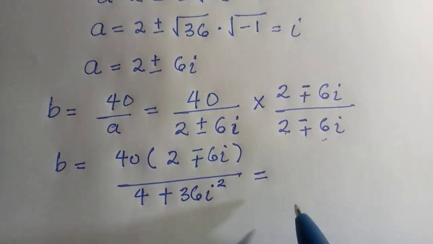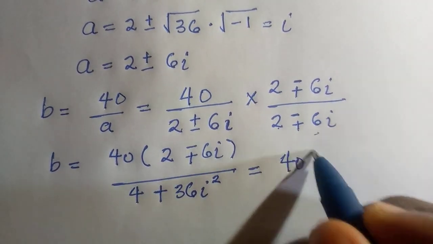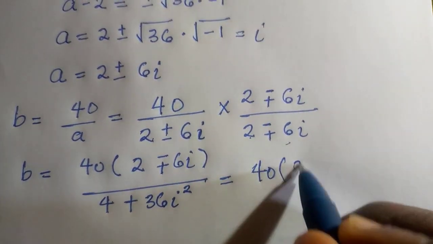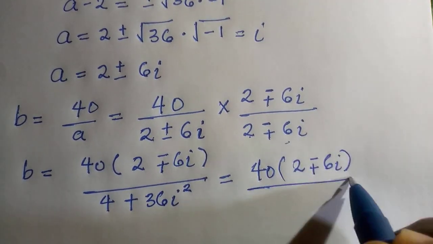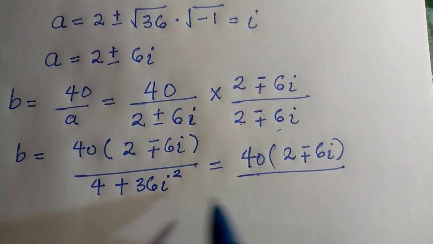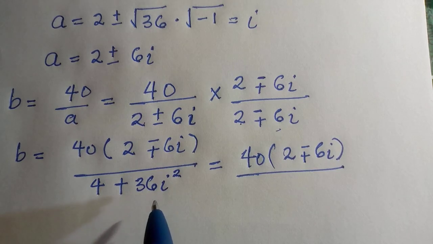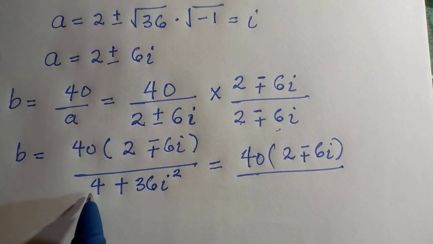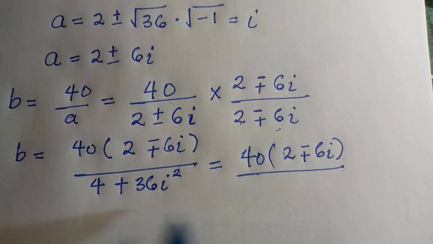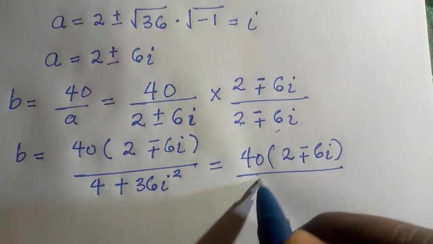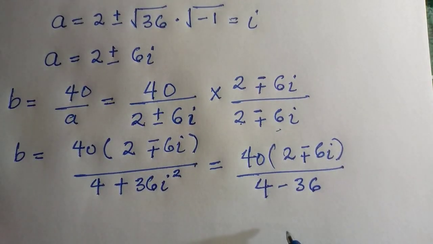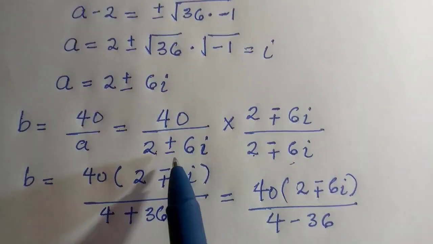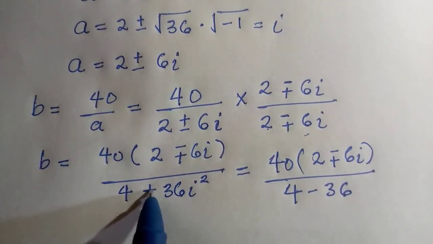So we have 4 minus 36, and this step is wrong, because if you consider this, the whole of this thing becomes minus here.